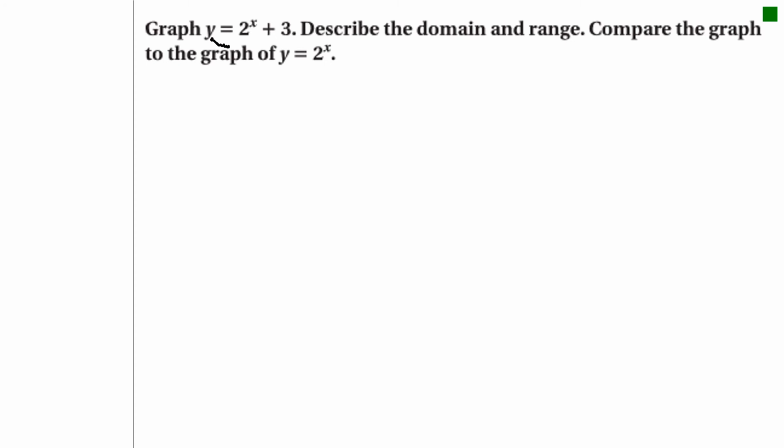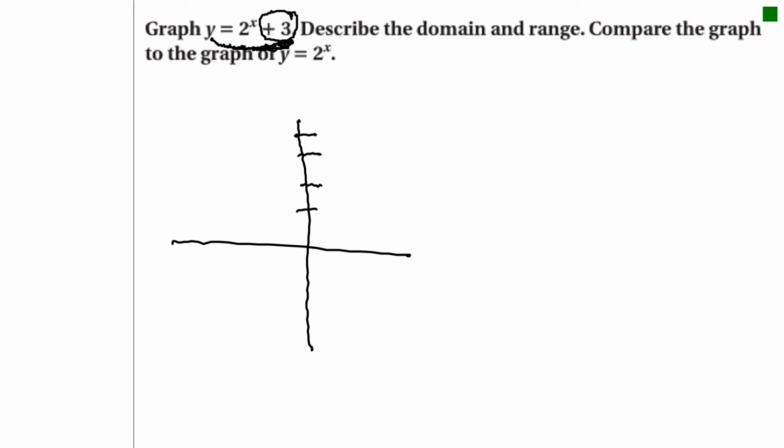All right, another graphing problem. This one we're going to add 3 to what was our previous graph. How do I know I'm adding 3? It tells me right here in the equation. My last graph went up to 4, so now I'm going to add 3. I'm going to go up to 7, so 4, 5, 6, 7. 1, 2, 3.